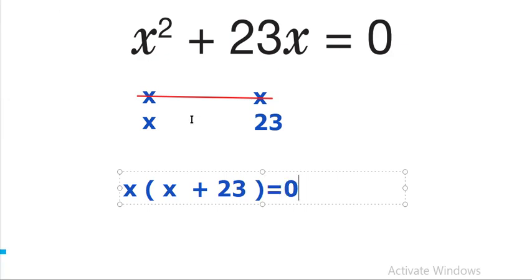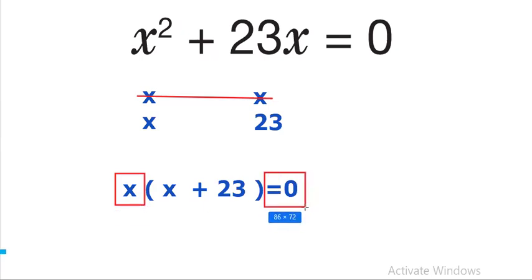Now, after doing this part, which is factorizing, I have to solve. To solve this, as we did before, I'm going to say that the first part here will equal 0, like this. So this means that x equals 0.